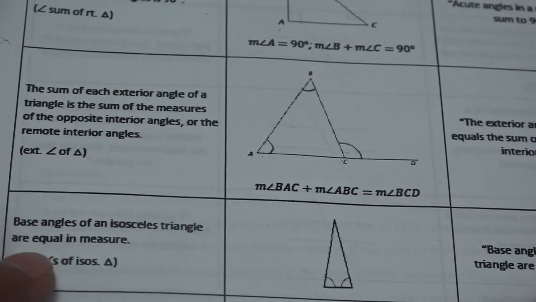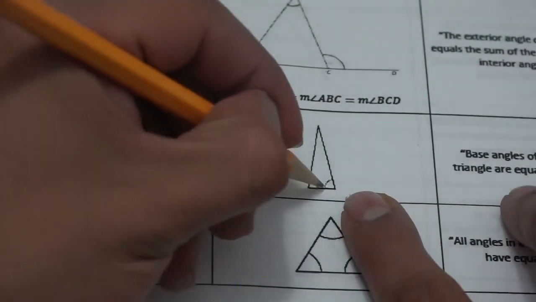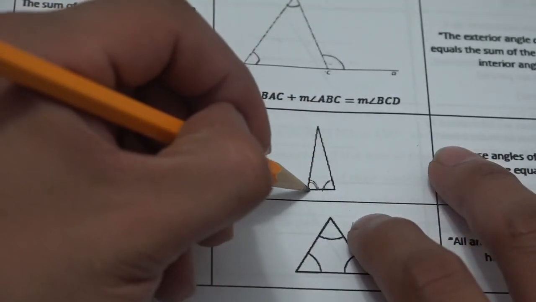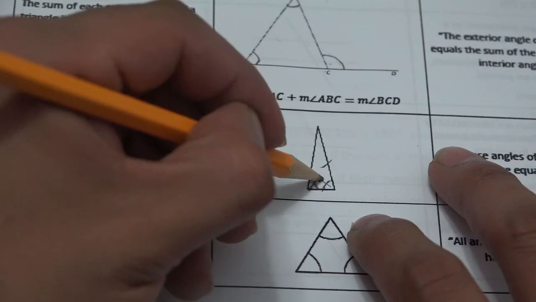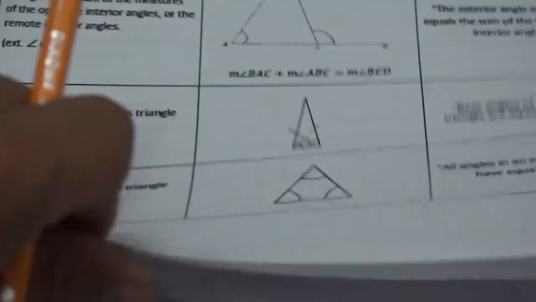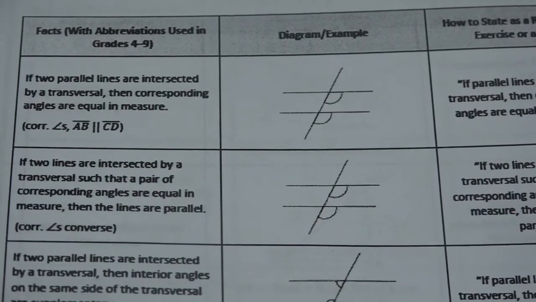What else? In an isosceles triangle, the base angles are congruent, and opposite the congruent angles are congruent sides. In an equilateral triangle, all angles are the same. And this is nothing more than a repetition of what we just saw.